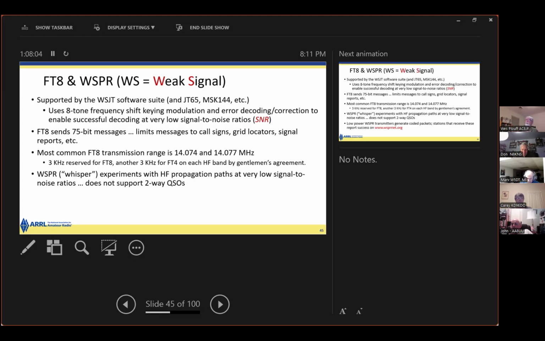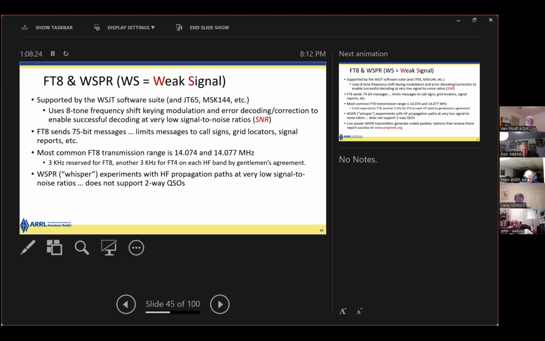So you can go on the internet and see where your signals are heard. So it's useful for determining where propagation exists from Michigan to other parts of the US, or from Michigan internationally, or for that matter, from anywhere in the world to anywhere else in the world.